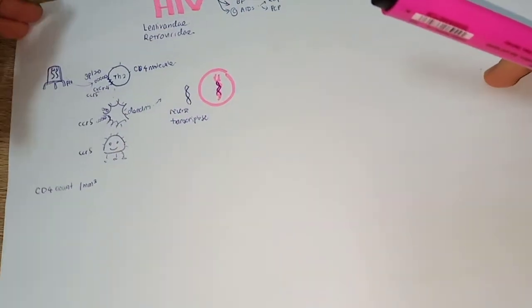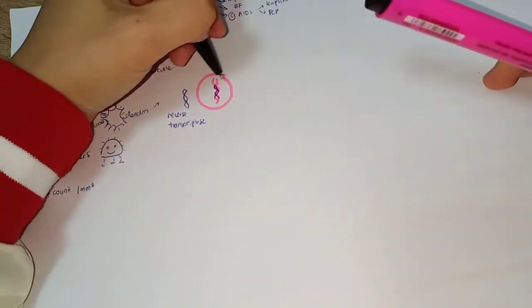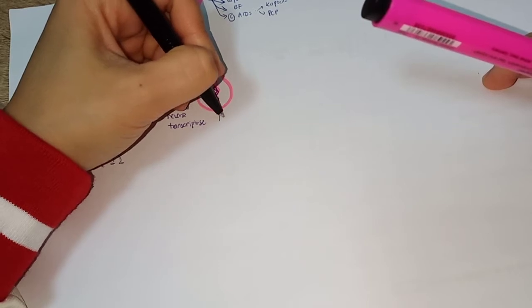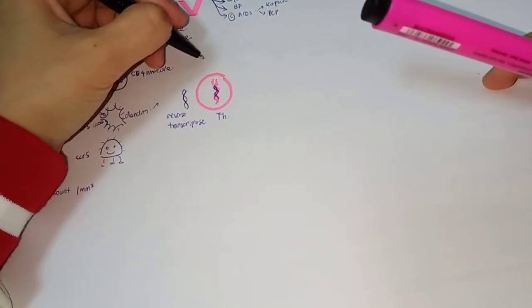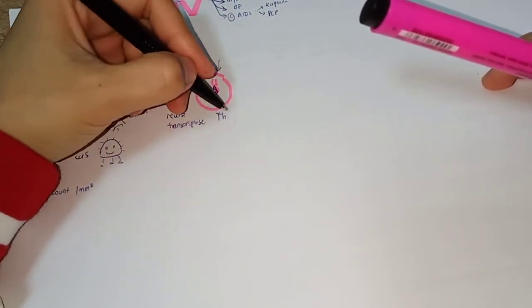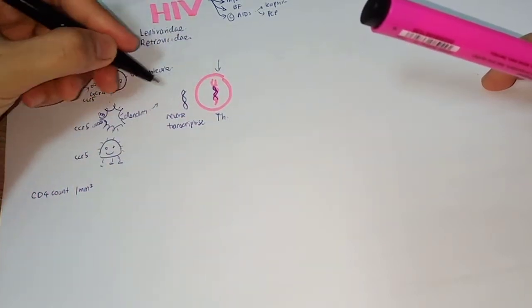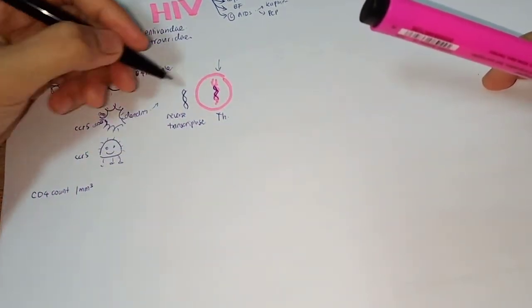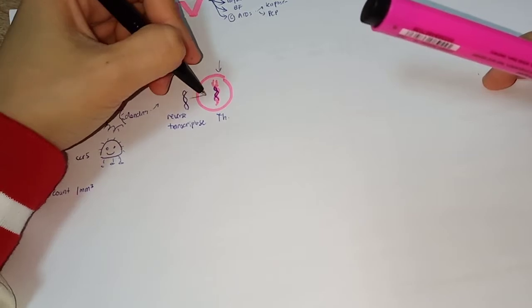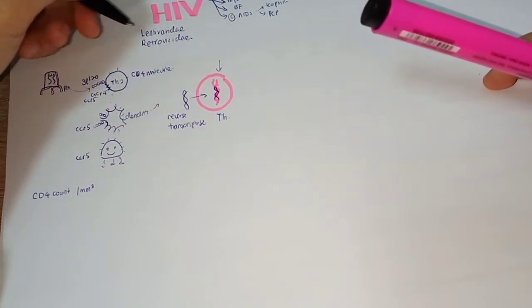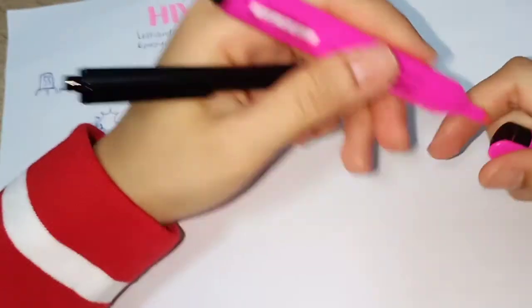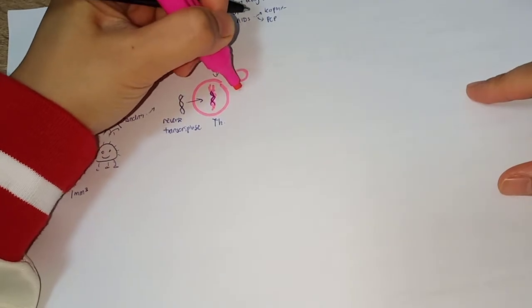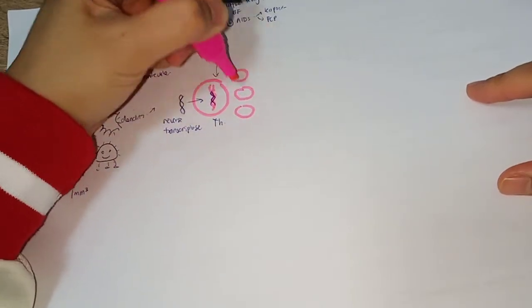What makes the condition worse is that usually, if there is an infection ongoing, the T helper cell will call for help from dendritic cells and macrophages. But in the case of infection with the retrovirus, the T helper cell will replicate the RNA virus.